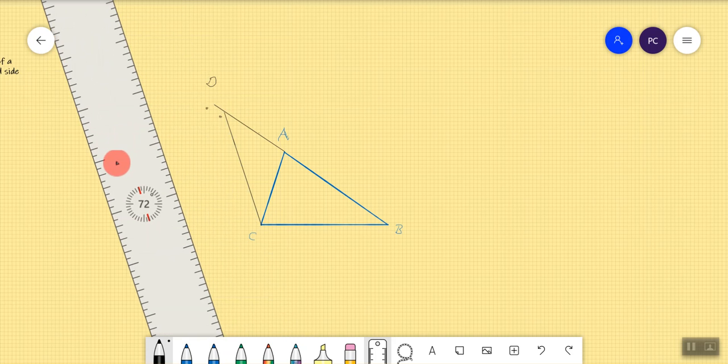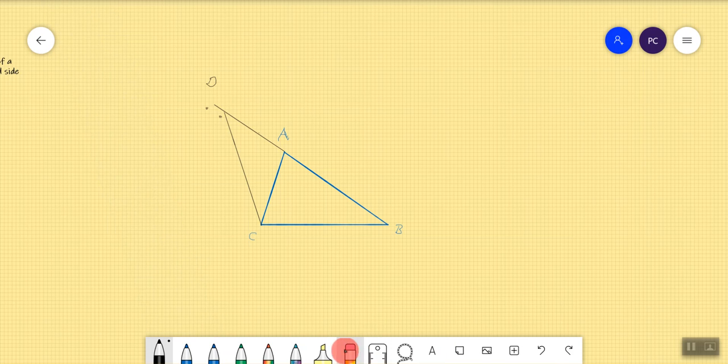Let me clean this up a little bit and get rid of these, just here and here. I will call this point D, so it's roughly about here.